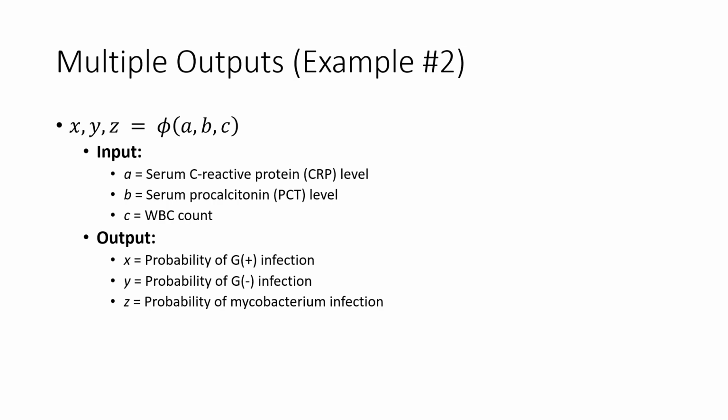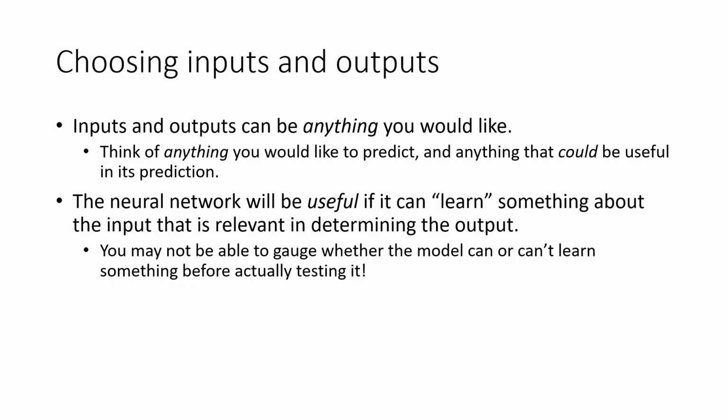For example, you may want to predict the probability that someone has a gram-positive infection, gram-negative infection, or mycobacterial infection, which would then allow you to give empiric antibiotic therapy based on this. And you could even try scaling up the output to include probabilities of hundreds of specific infections caused by different pathogens. Now, neural networks are extremely adaptable, and the inputs and outputs could be anything you would like.